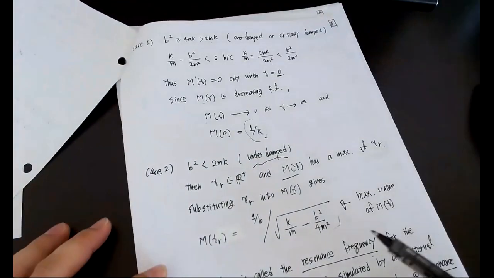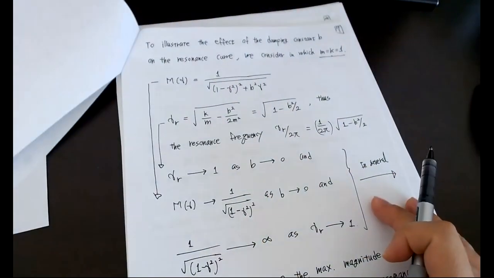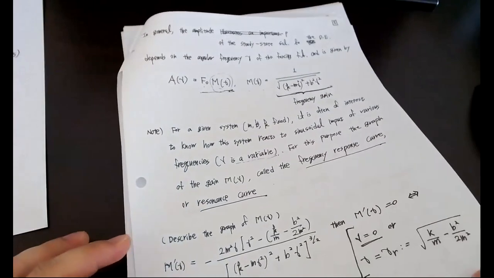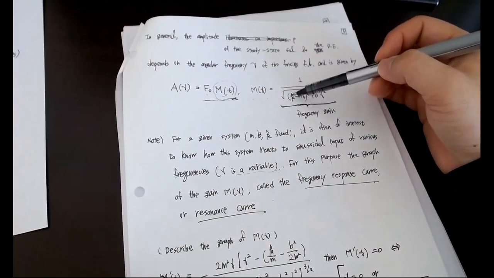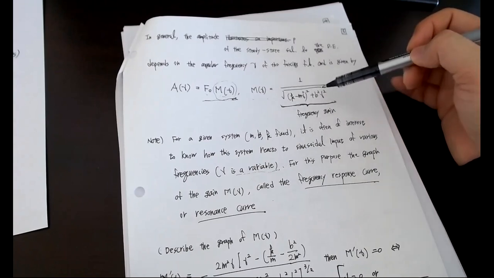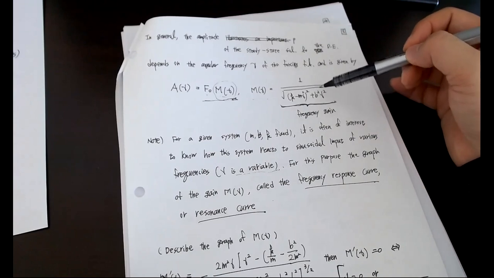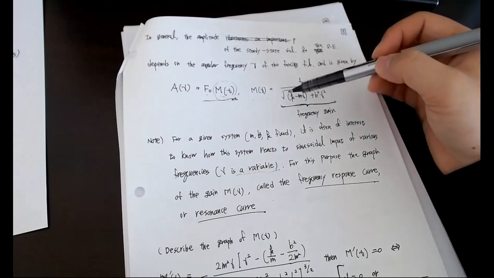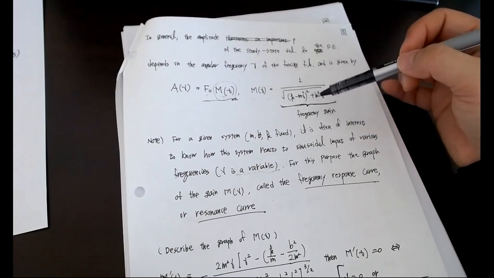The definition of frequency gain is this, so plugging in 1 for k and m, we get 1 minus gamma squared, squared, plus b squared times gamma squared, inside the radical in the denominator.